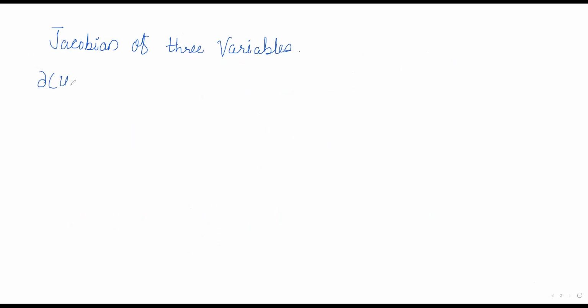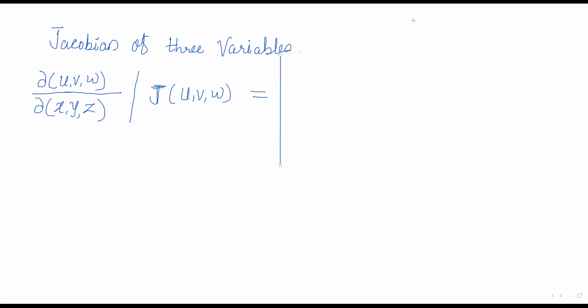Dou of UVW by dou of XYZ, or this can be denoted as J of UVW. Here we are calling it the Jacobian; not only dou, actually we are taking derivatives. The Jacobian of UVW with respect to XYZ is equal to the determinant of the derivatives. So what to write here?